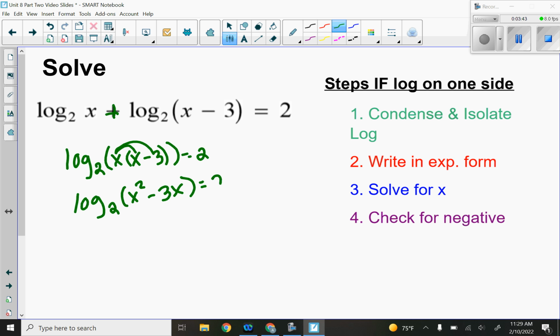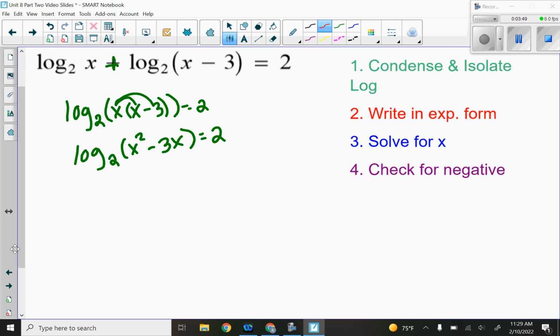Now that we have that condensed, we can write it in exponential form. So 2 squared equals x squared minus 3x. Now we can solve for x. 2 squared is 4 equals x squared minus 3x.